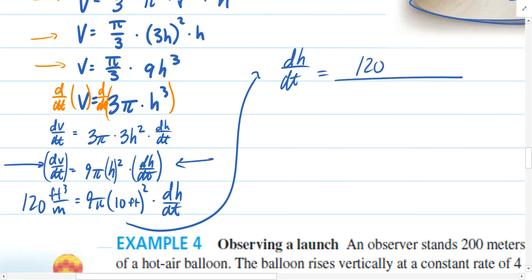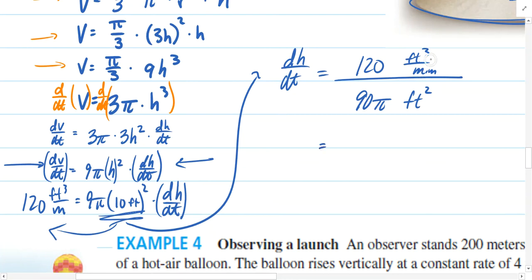But we have 120 feet cubed divided by minutes. 120 divided by, now 9 pi times 10, that's easy enough to do. That's 90 pi feet squared. So dh/dt, we can probably figure out what that unit ought to be, but we'll come back to that in just a second. dh/dt is now isolated because we've divided this to the other side of the equation.